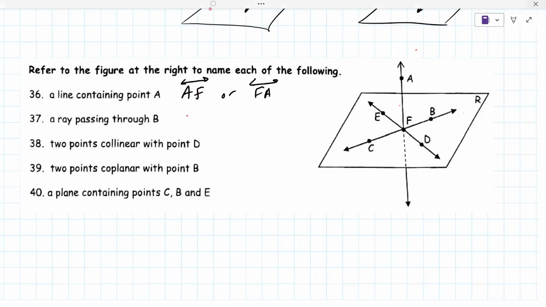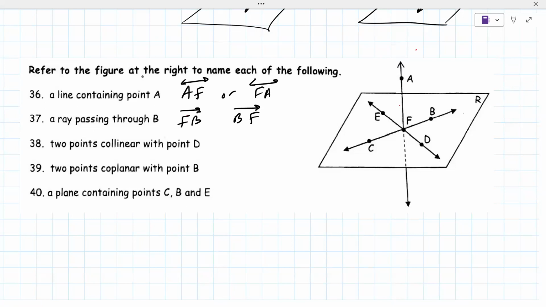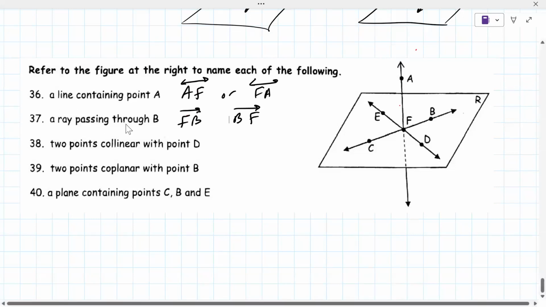Yeah. All right. Does BF work? Yeah. Notice it just says passing through. It doesn't say start. It doesn't say stop. Okay. All right. Two points collinear with point D.